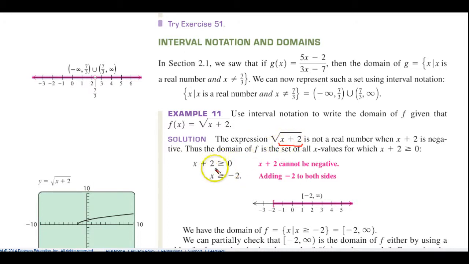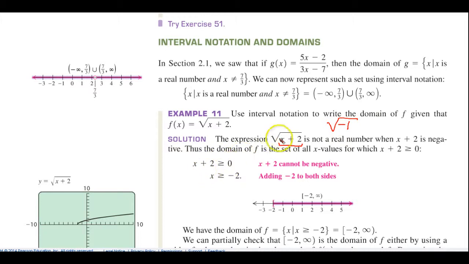Because if it's less than -2, such as -3, you would say -3 plus 2 is the square root of -1, and that's not a real number.